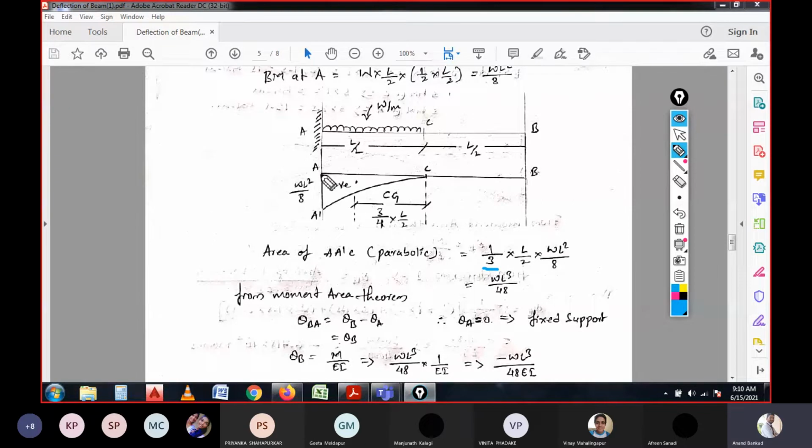So the base has the length of L by 2, right? And this is the height, which is WL square by 8, and 1/3 of base into height. So total will be WL cube by 48. Once you solve this, WL cube by 48 is the total area of this parabolic triangle.